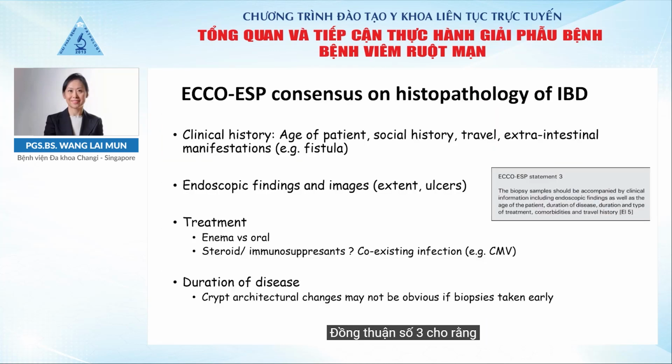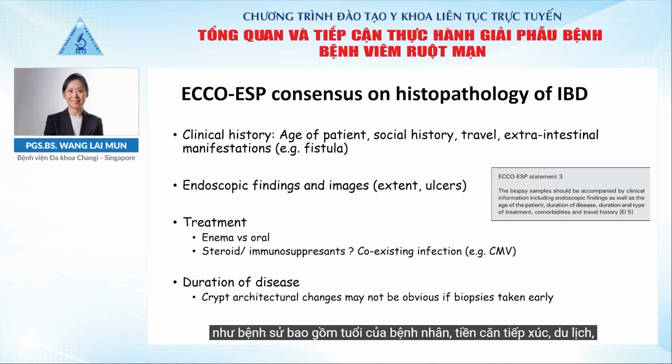The ECCO position statement 3 states that the biopsy sample should be accompanied by clinical information such as clinical history that includes the age of patient, social history, travel, and extraintestinal manifestations such as fistula, endoscopic findings and images, so that the pathologist can correlate the findings of endoscopy together with what we see under the microscope, history of treatment, and also the duration of disease.